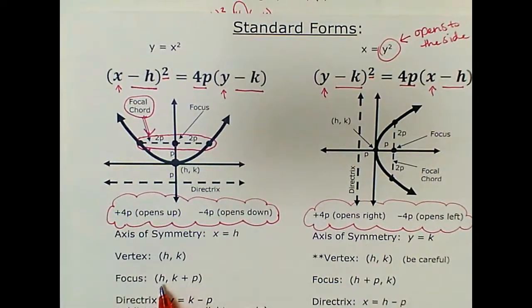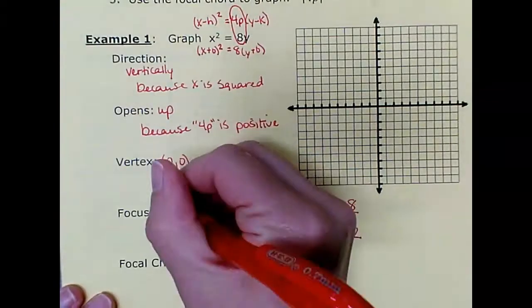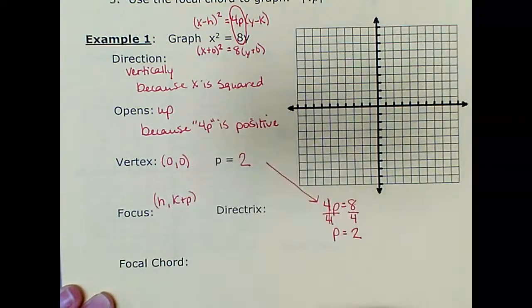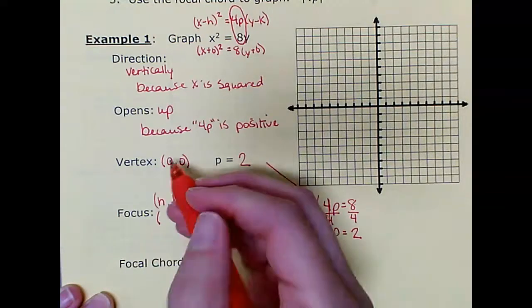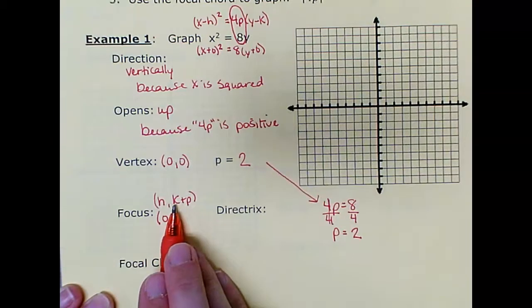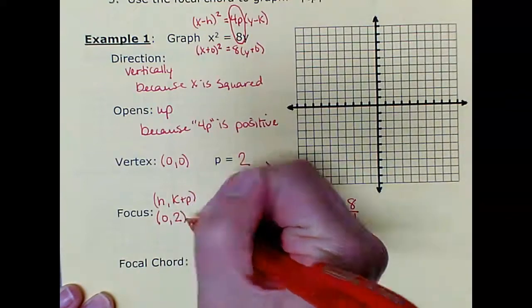My focus is the point h comma k plus p. Well, what is my h value? 0. What was my k value? Also 0. What's the p value? 2. So 0 plus 2 is 2. There's my focus.